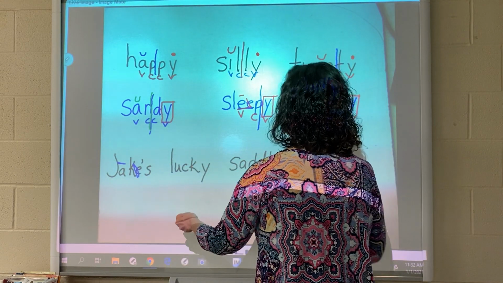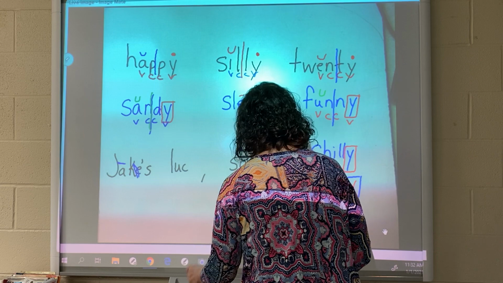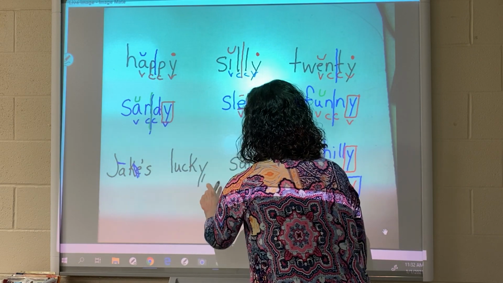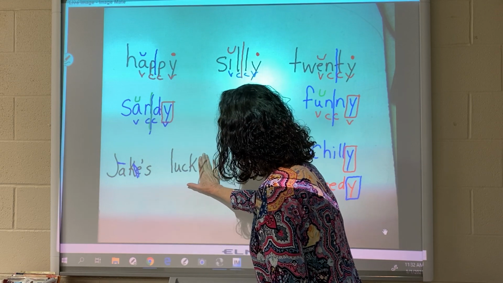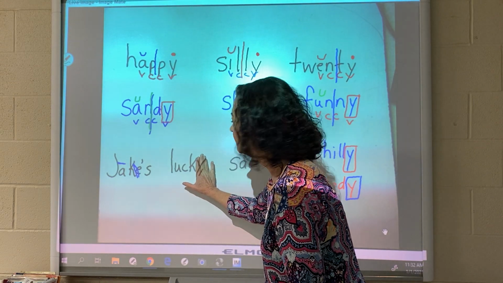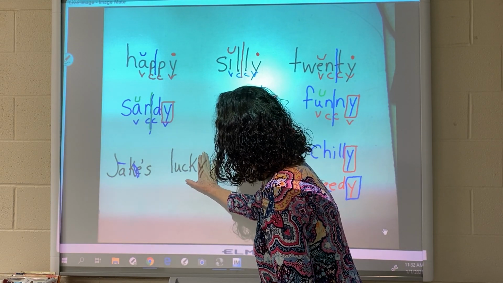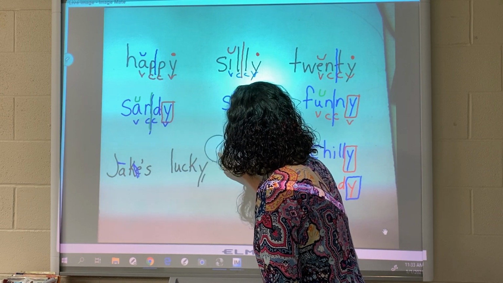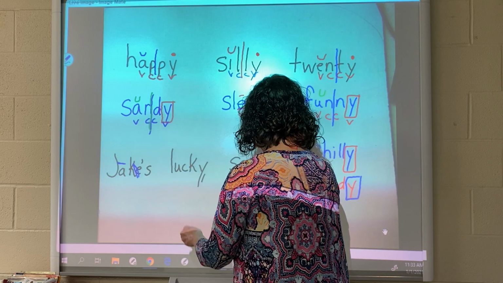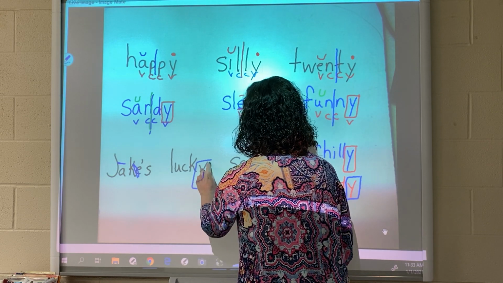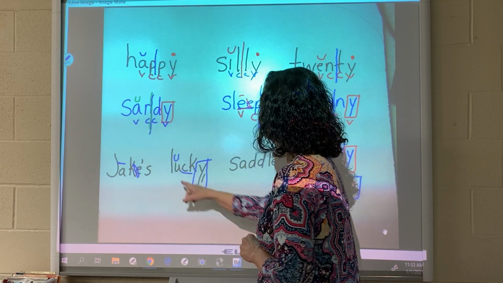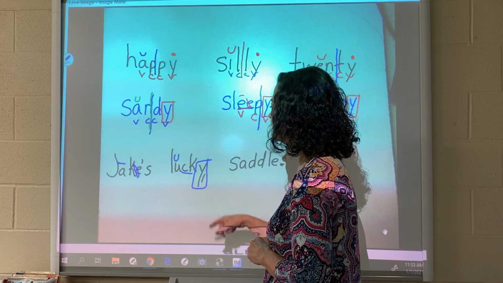Jake's. I have a suffix right here. And I know that it is a suffix because I can immediately see if I remove that, it is a root word. So, put it in a box, and I have lucky.